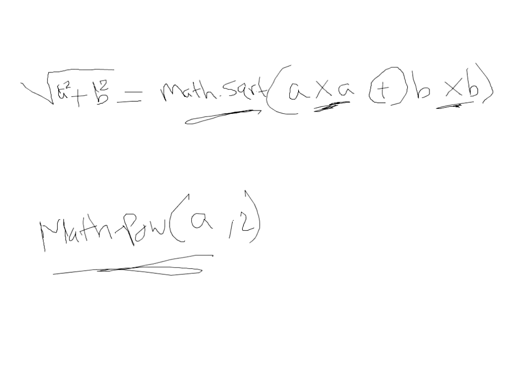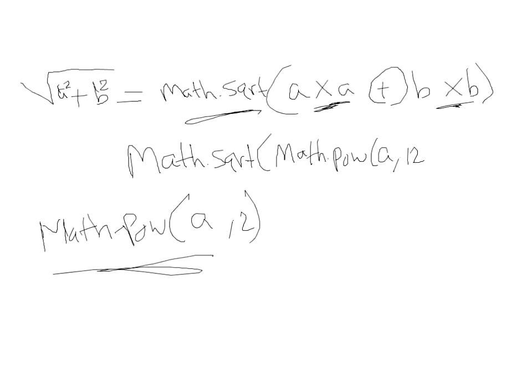So you're going to have to use Math dot pow inside the bracket of Math dot sqrt: Math dot pow, a, 12, plus whatever, and then you finish. Because obviously it's impossible to write a 12 times.